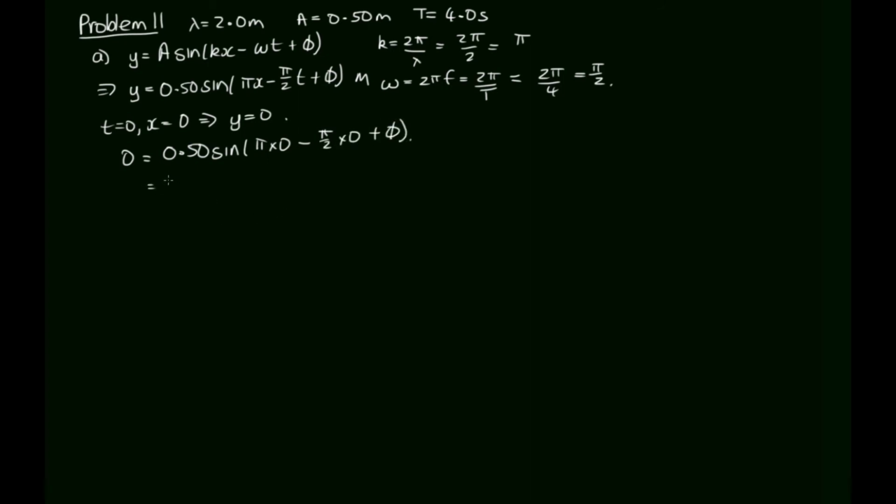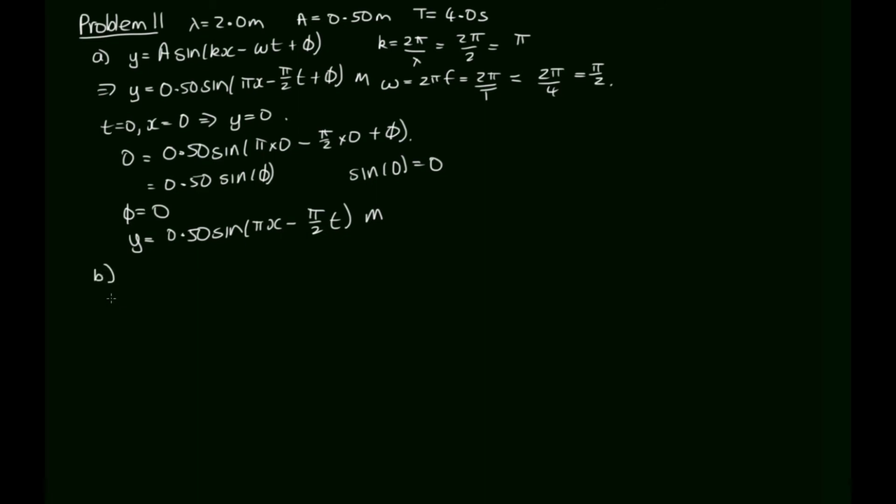And so we've got 0 is equal to 0.50 sine of phi. Now, we know that sine of 0 is equal to 0. So this tells us that phi is equal to 0 in this case. So the equation for the wave is y is equal to 0.50 sine(pi x minus pi on 2 t) meters. Okay, so that's our answer to A.